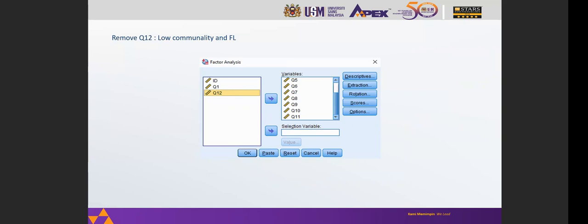Remember, we have to remove items one by one and repeat the steps. So go again to your factor analysis, then remove Q12.